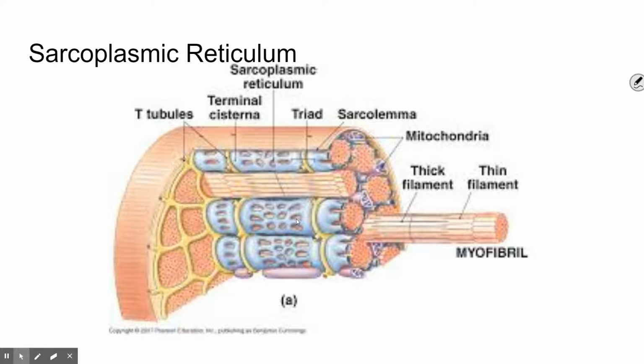The function of the sarcoplasmic reticulum is to regulate the amount of calcium that is found inside the muscle cell. Calcium is vital to muscle contraction. Without it, it just doesn't contract. And so the purpose of the sarcoplasmic reticulum is to store and release calcium when it is needed by the muscle cell.